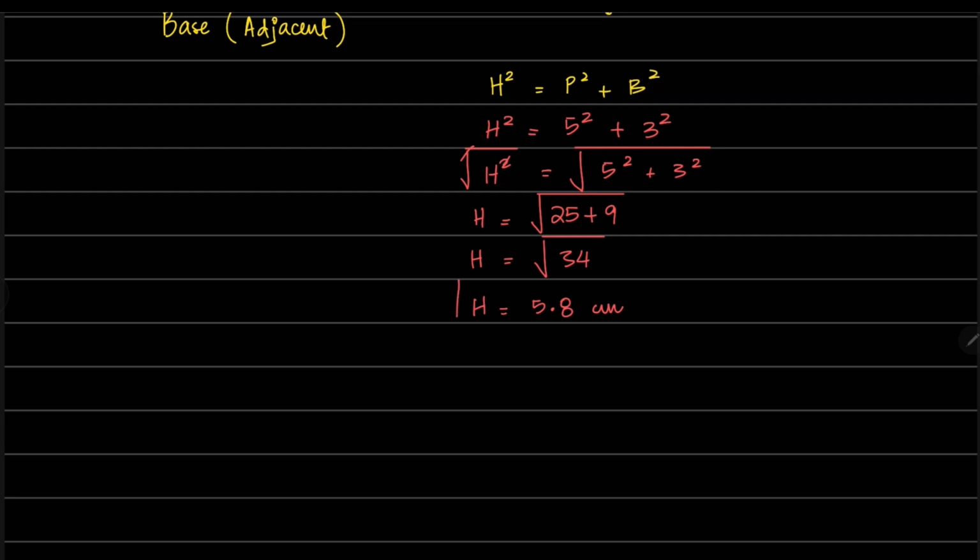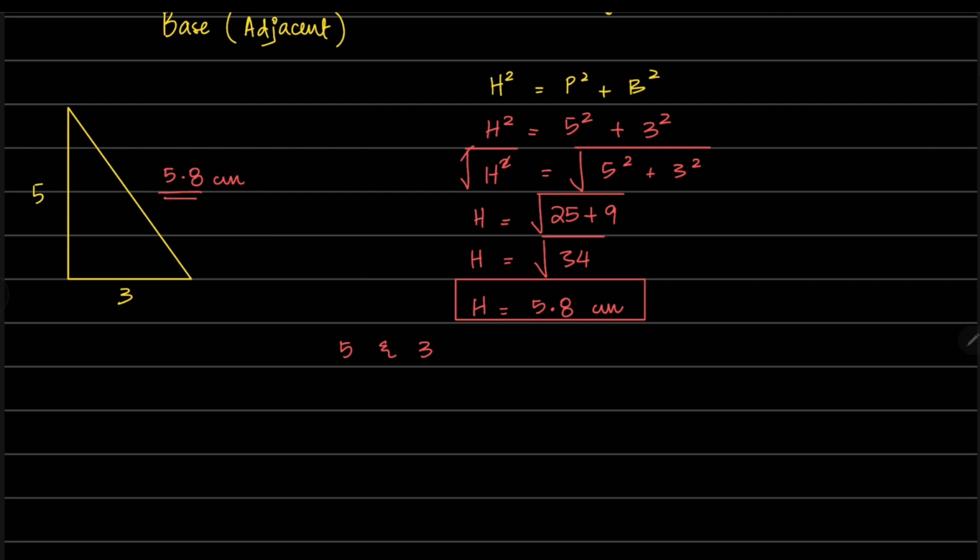This 5.8 centimeters, as you can see, is greater than the other two sides, which were 5 and 3. So the triangle looked something like this: this was 5, this was 3, and after the calculation we found this was 5.8 centimeters.